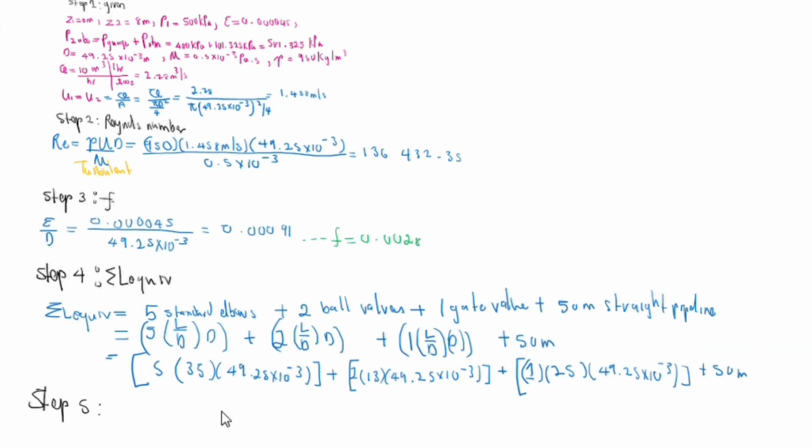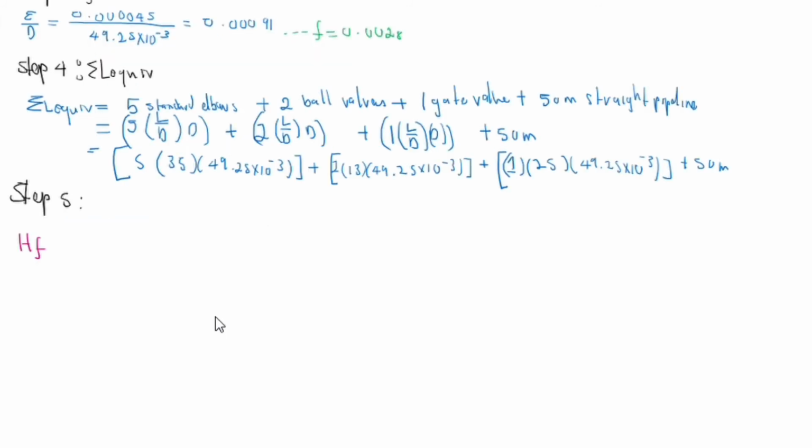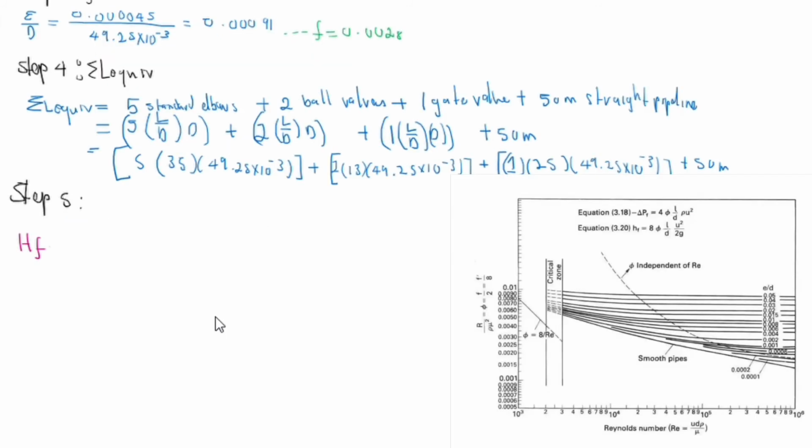For step 5, we now have to calculate the friction loss, taking into consideration that different charts have different formulas. If you read your friction factor from the Colebrook chart, then you would use this equation here: 8 times friction factor times equivalent length over diameter times speed squared over 2 gravitational acceleration.